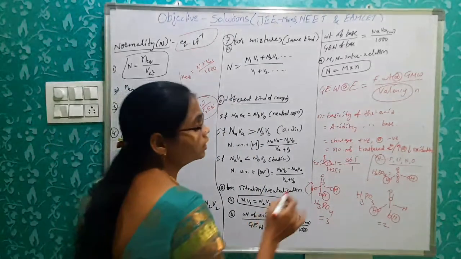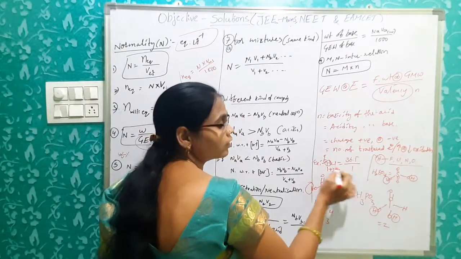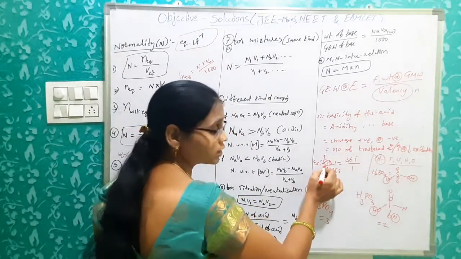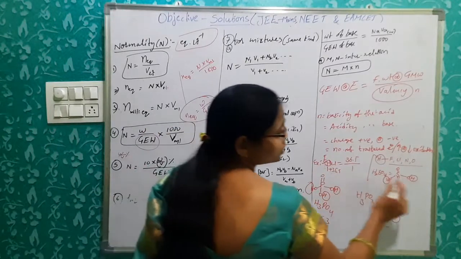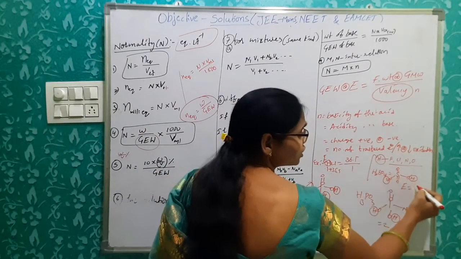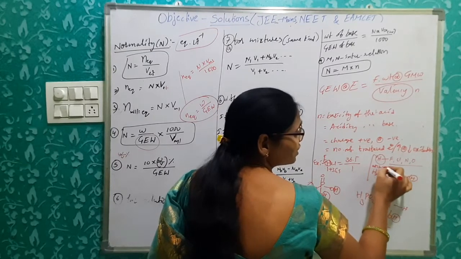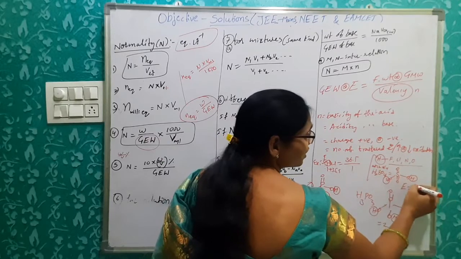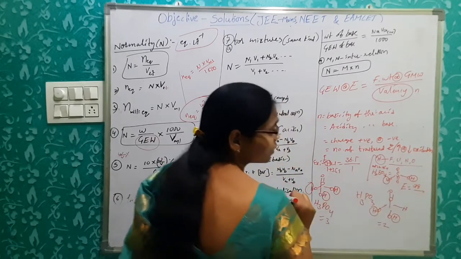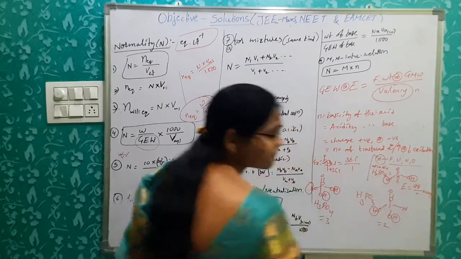So the equivalent weight of HCl is 36.5 by 1, only one replaceable hydrogen. For H2SO4, the formula weight is 2 plus 32 plus 64, how much? 98, by how many hydrogens? 2, so 49.